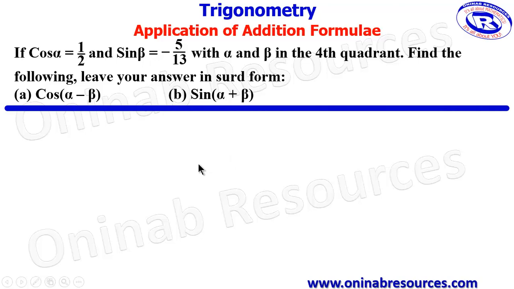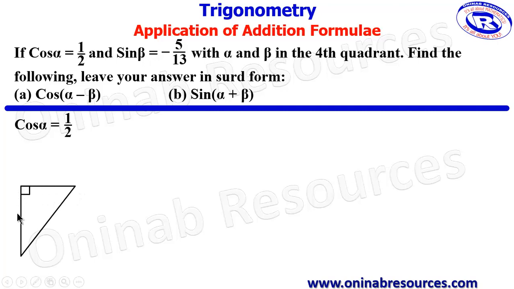So we start the solution of the problem. We pick cos alpha is equal to 1 over 2. Then we are going to get our sin alpha from here because it will be required in both A and B. So to do that, we are going to create a right angle triangle.